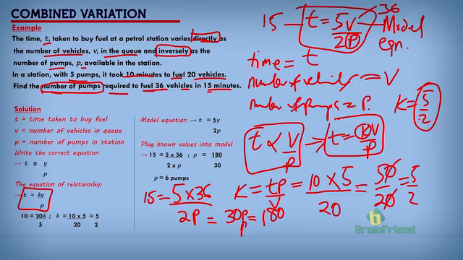So P, therefore, is 180 over 30, and that is 6. So the number of pumps, P, is 6. We need 6 pumps to fill 36 vehicles in 15 minutes.